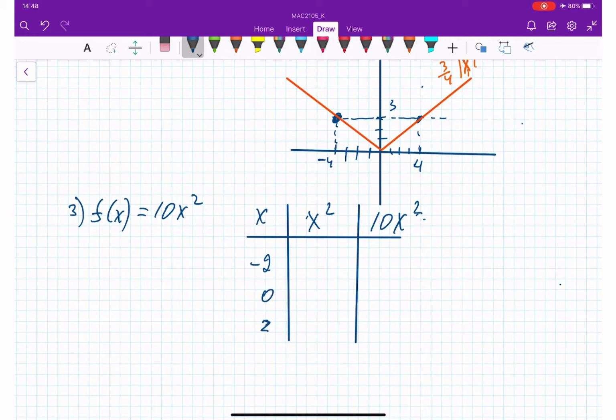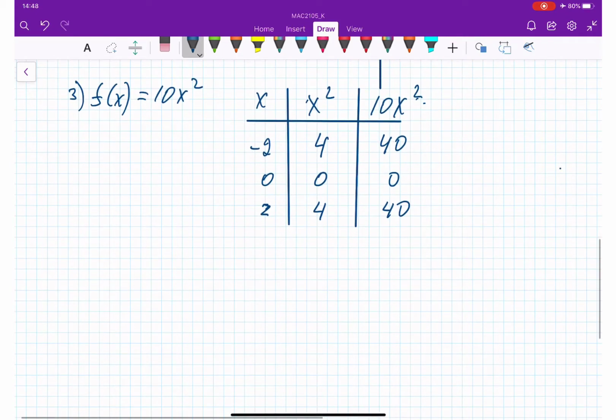So when x is negative 2, x squared is going to be positive 4. 0 is going to be 0, positive 4. 10x squared is going to be 40. 0, 40. Now wish me good luck to draw 40. Yeah. All right. Let's see how we are going to do. This is my graph.